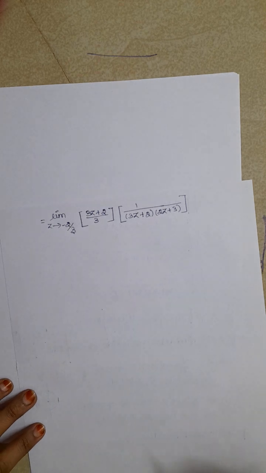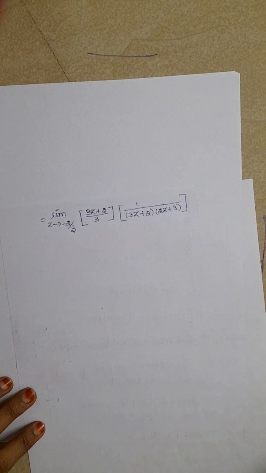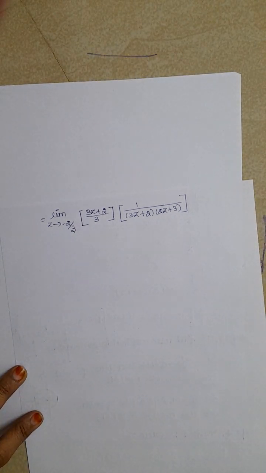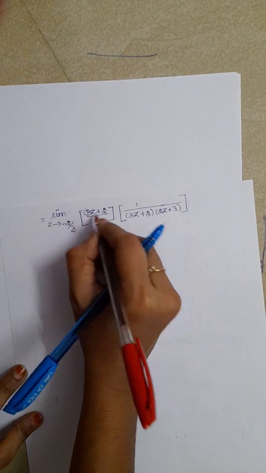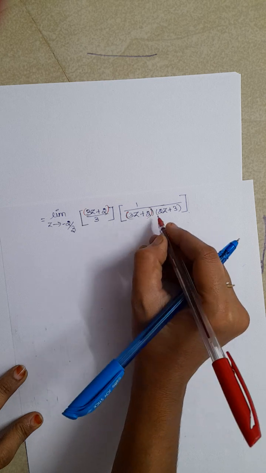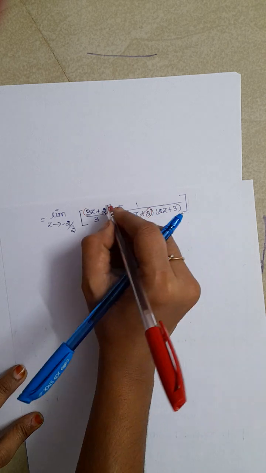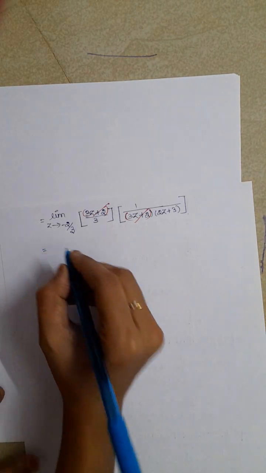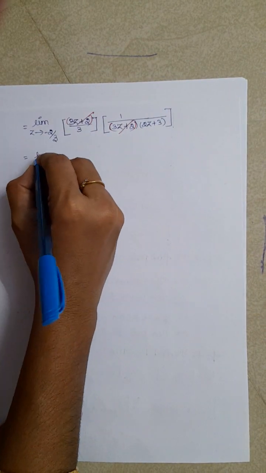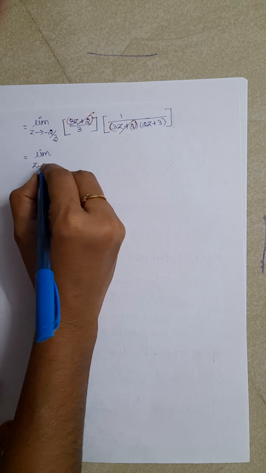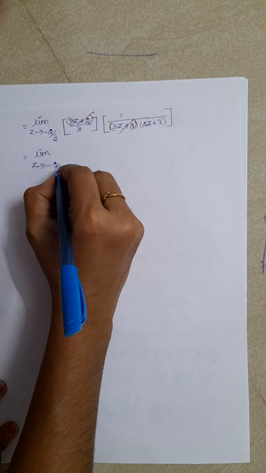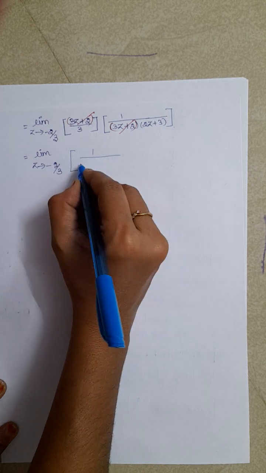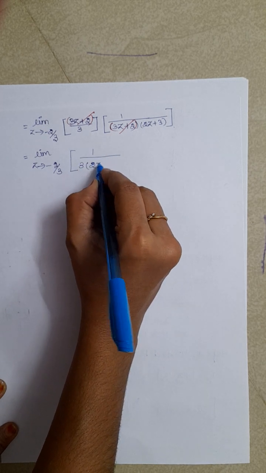Okay, so here we cancel terms. The numerator is 3z plus 2, and the denominator also has 3z plus 2, so cancel this term. So the remaining term is limit z tends to minus 2 by 3 of 1 by 3 into (2z plus 3).